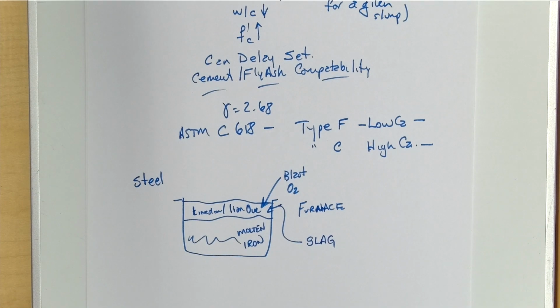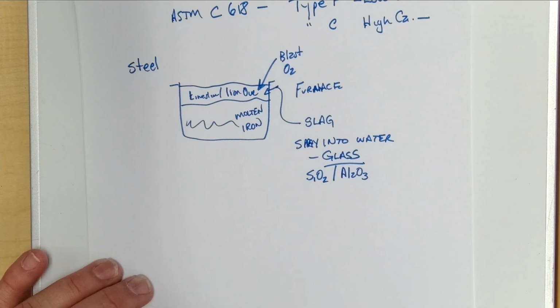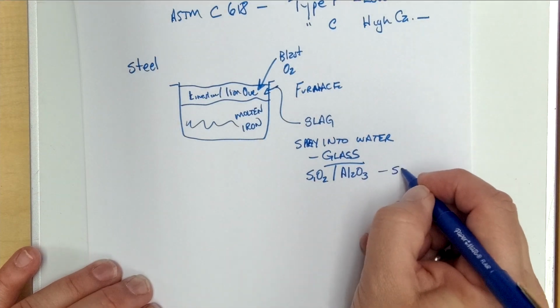If we take the slag and spray it into water, then we trap it as a glass made of silica and alumina. It's to be about the size of sand.